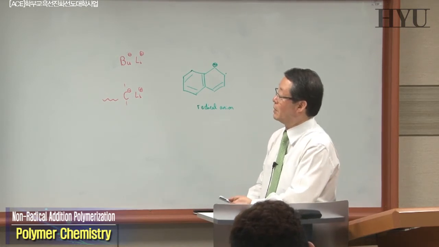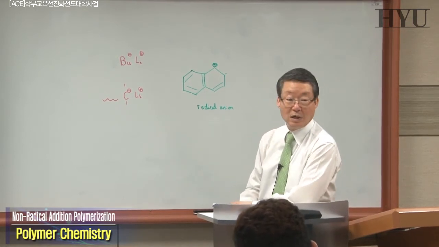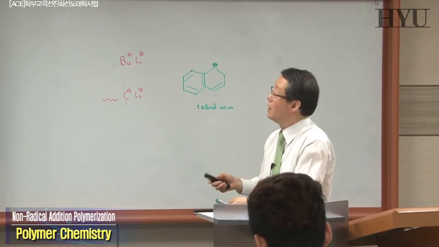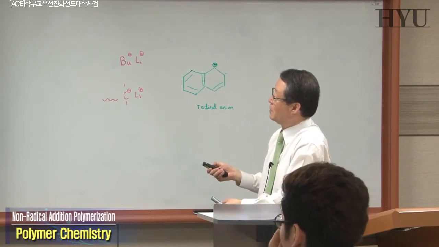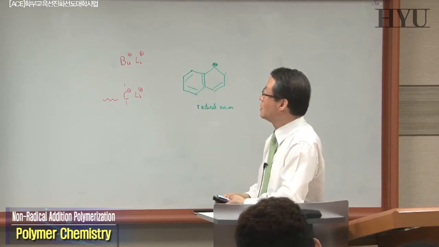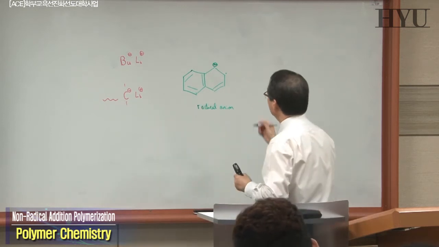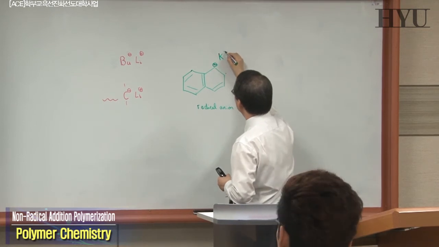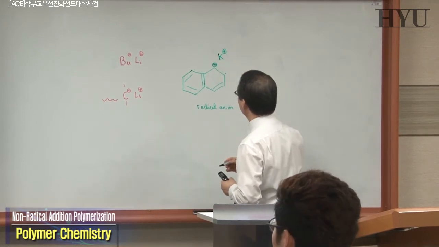So you form the radical anion, with potassium, the cation, as the counter ion.